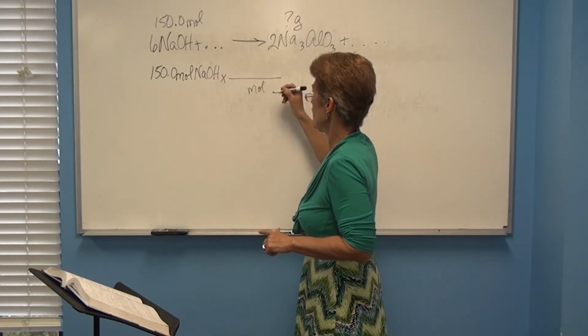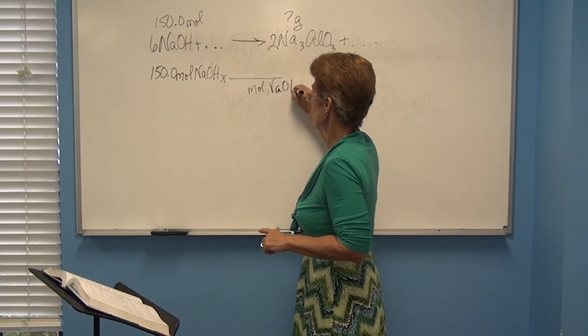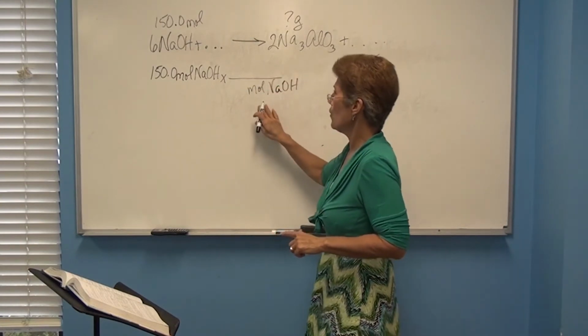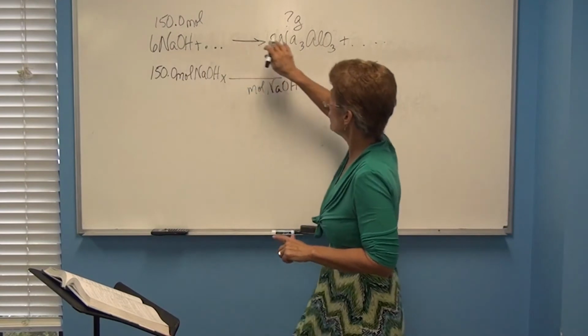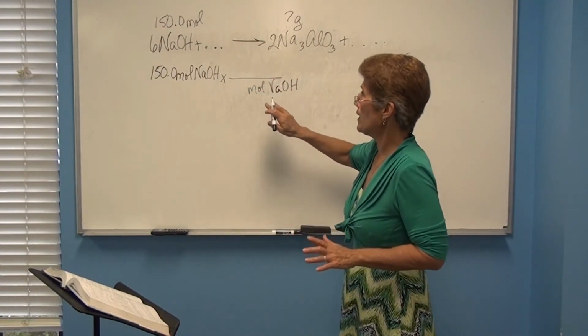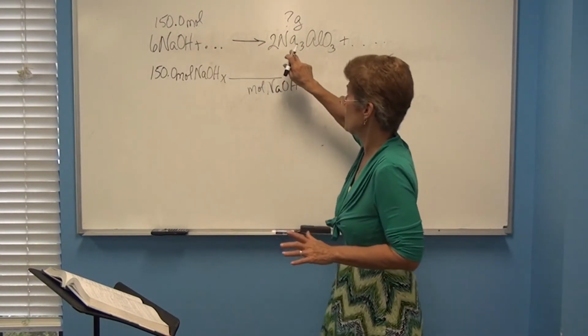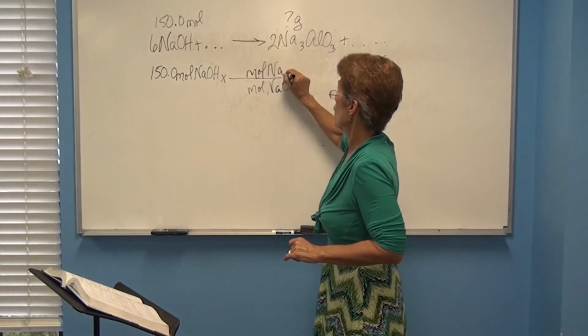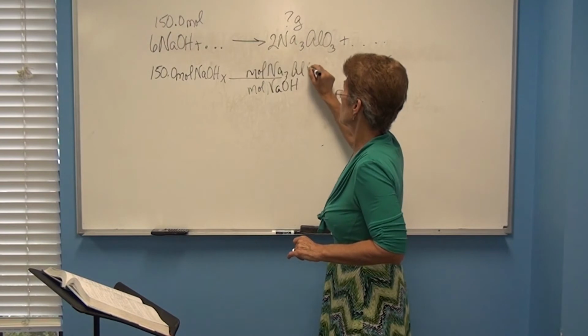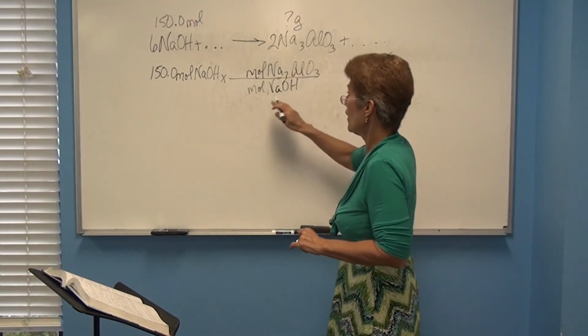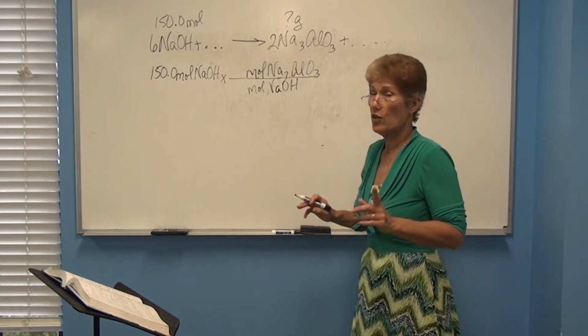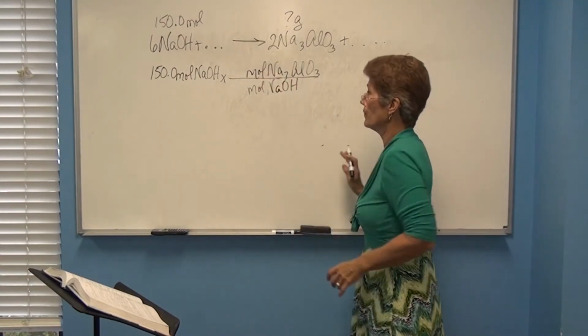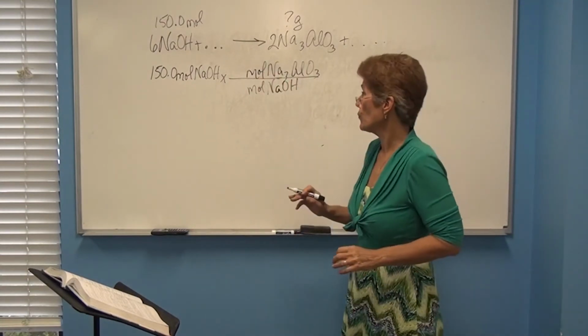Make sure that you're writing your sodium hydroxide with it, because you can go from moles to moles. That's no problem. And we're going to need to do that, aren't we? Because we're trying to go from here to here. So we can go to the moles of this product. We can't go to the grams, not from the moles of that. We can only go to the grams from moles of this. So that's what we're going to find first.